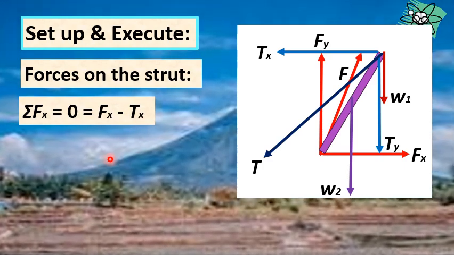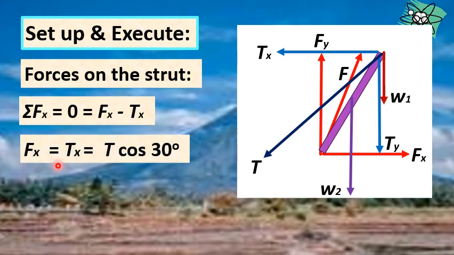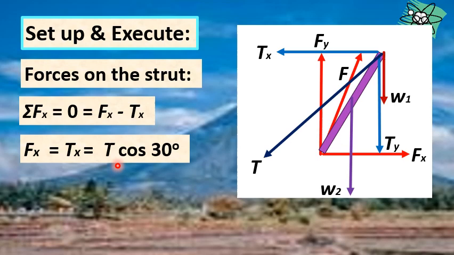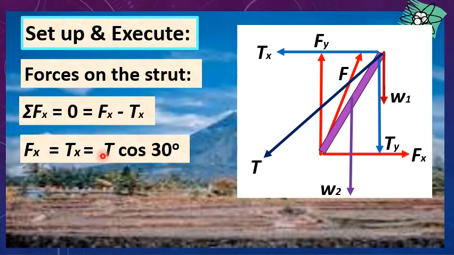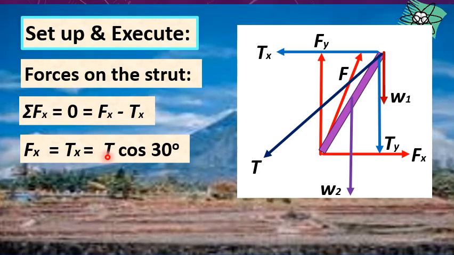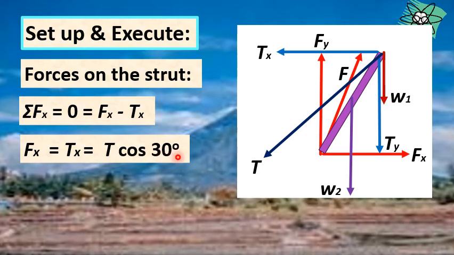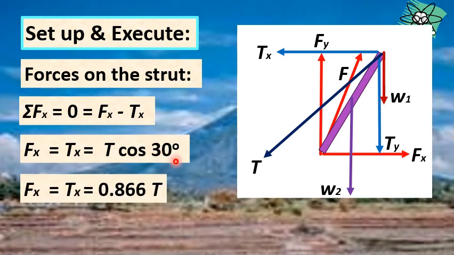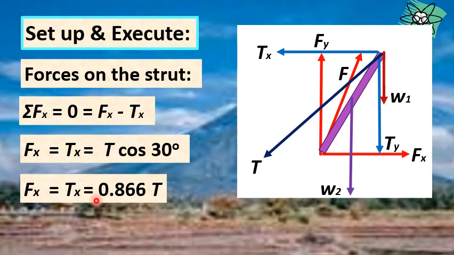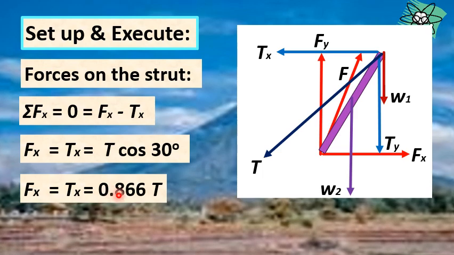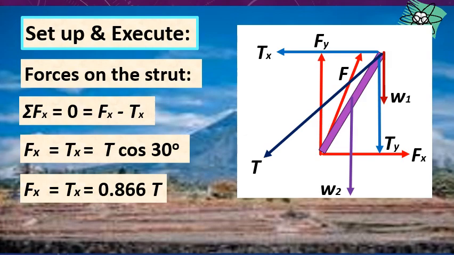That means the magnitude of Fx is just equal to the magnitude of Tx, where Tx can be expressed as the tension force T times cosine of 30 degrees. That is, Fx, or Tx, has a magnitude equal to 0.866 times the tension force T.